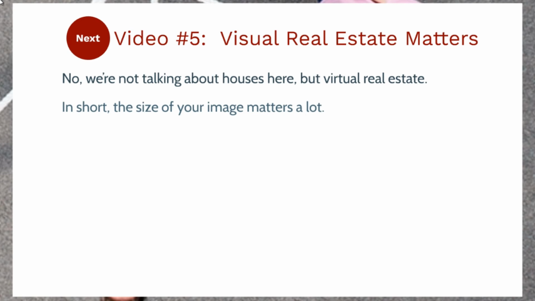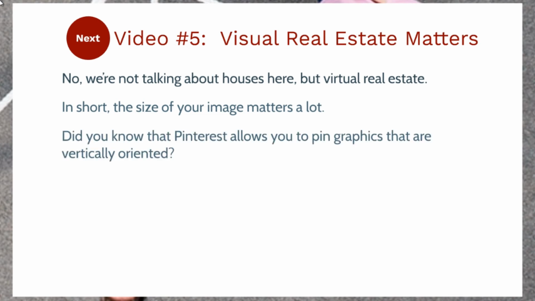So if the image is big, then of course your real estate is going to be bigger. If it's small and you're not taking a whole lot of space, then your real estate virtually or visually is not going to be a whole lot. Now, why does that matter? Well, did you know that Pinterest allows you to pin graphics that are vertically oriented, meaning that they're long, which means that you're going to take more real estate compared to that of a square?